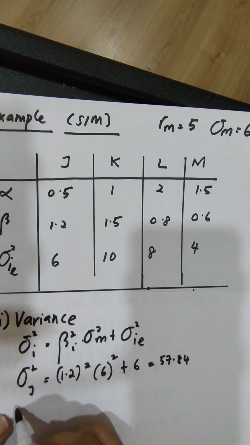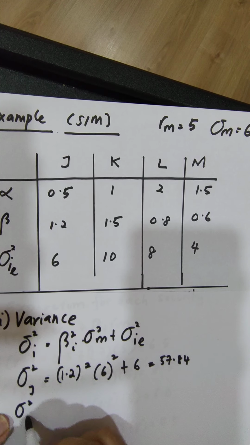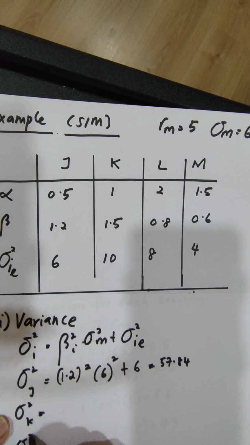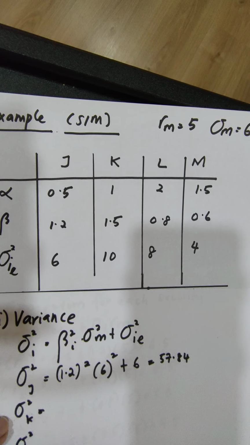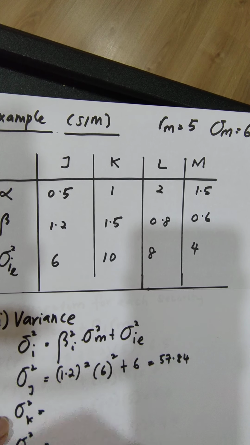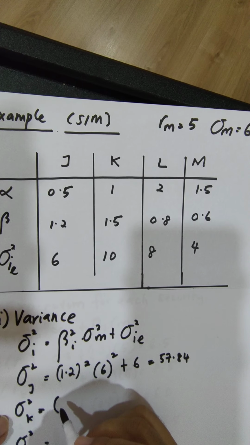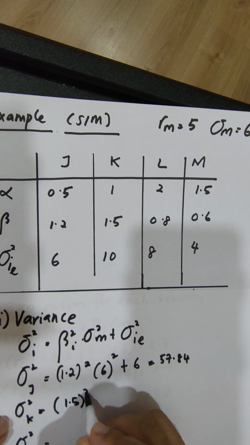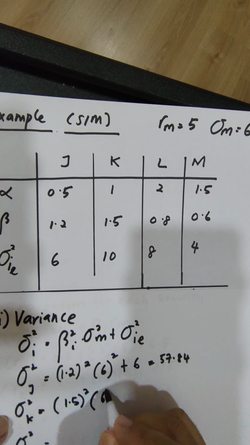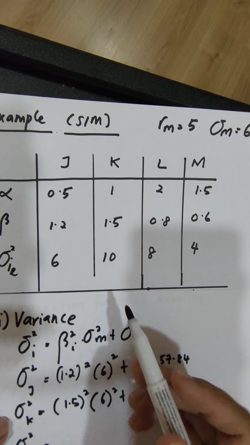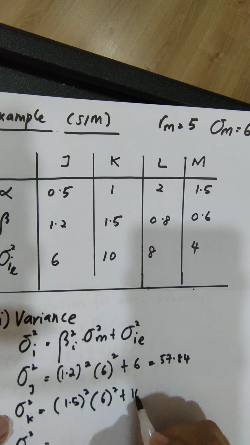You can proceed with the rest of the other assets, which is K variance, L variance, M variance. For K, for example, the beta for K is 1.5 to the power of 2 multiplied with variance on market, the same thing, plus residual variance of K, which is 10.